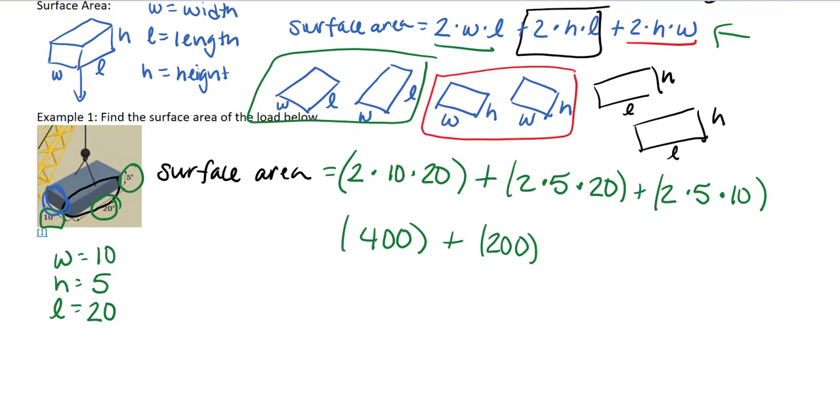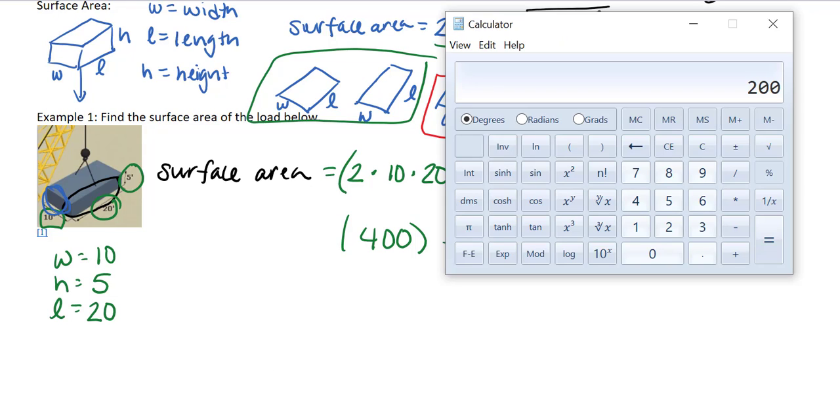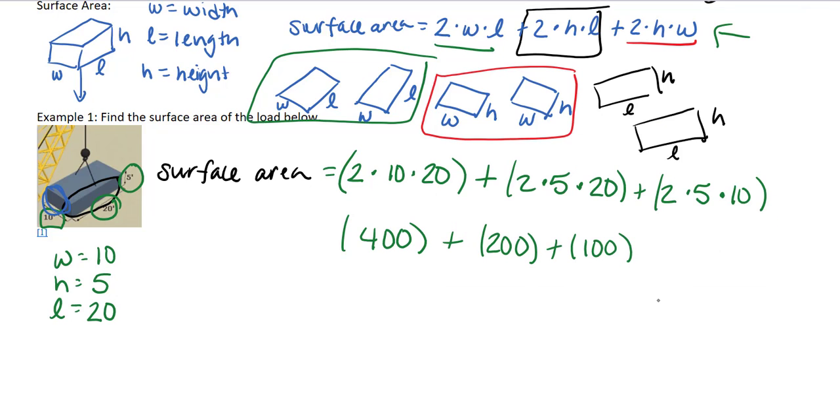And then this last one, 2 times 5, which is 10, and then 10 times 10, which is 100. If you aren't sure, all we have to do is go 2 times 5 times 10, and we get 100.